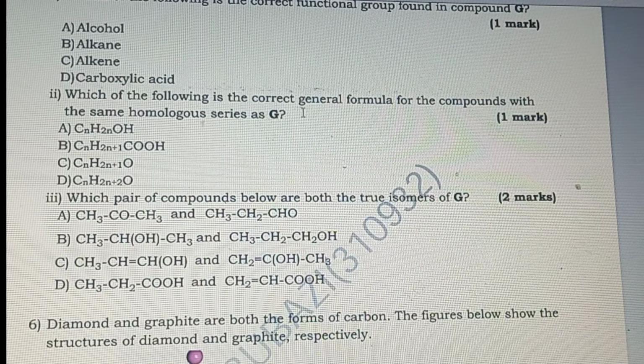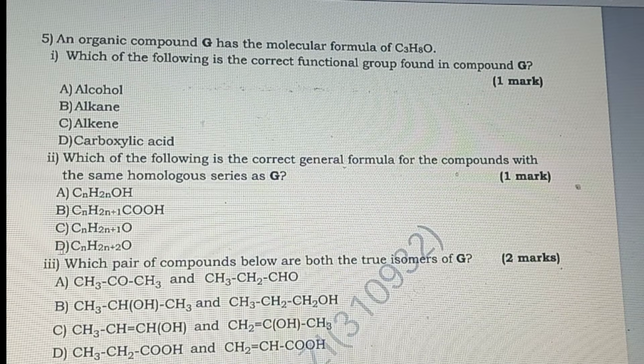5.2. Which of the following is the correct general formula for a compound in the same homologous series as G? As I said, we can choose this one, D: Cn, hydrogen 2N plus 2, and oxygen. As you see, this is the general formula of alcohol.